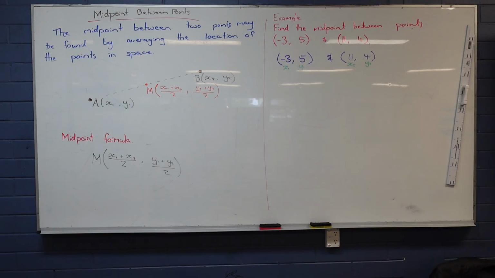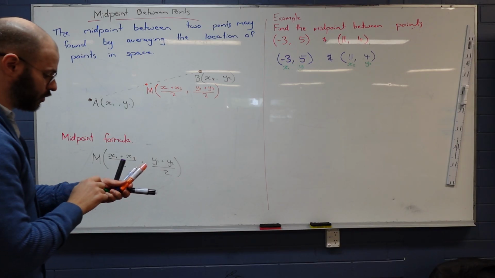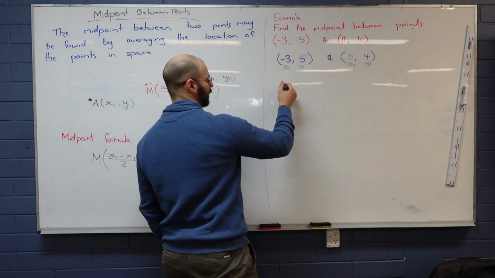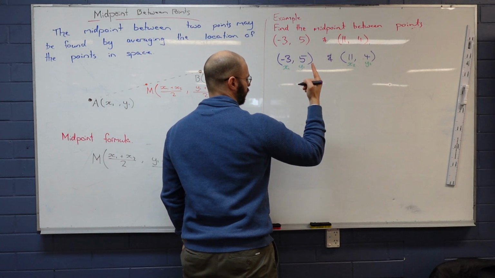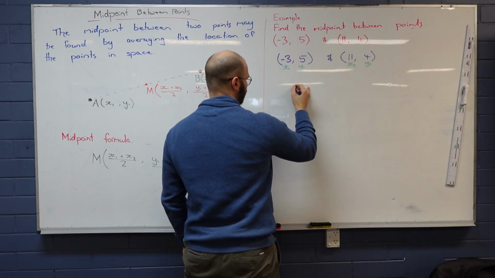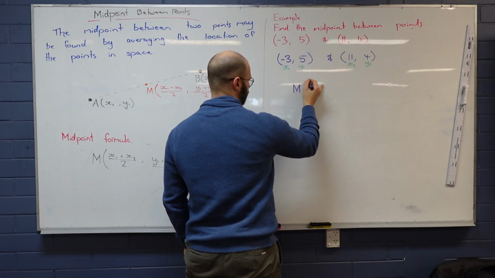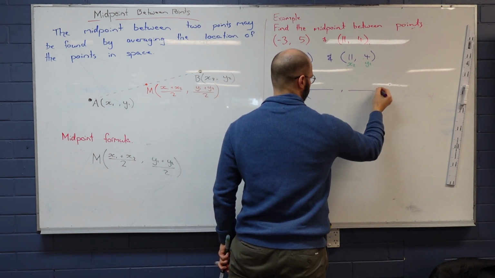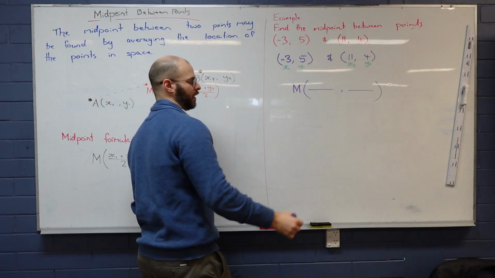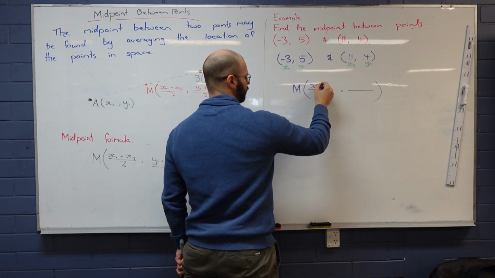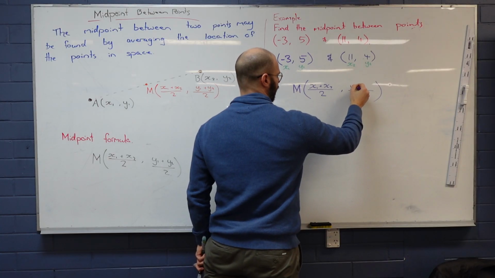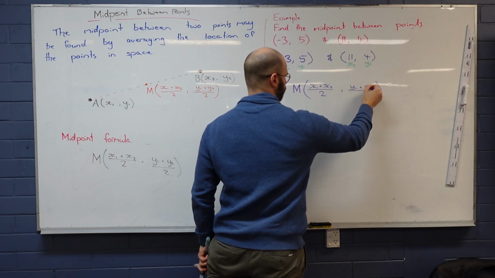If you skip the step, you'll probably make a mistake in the substitution part, which is the next step: state the formula. Our midpoint between these 2 points is going to be M, and it's 2 fractions in a coordinate: x1 plus x2 all over 2, y1 plus y2 all over 2.